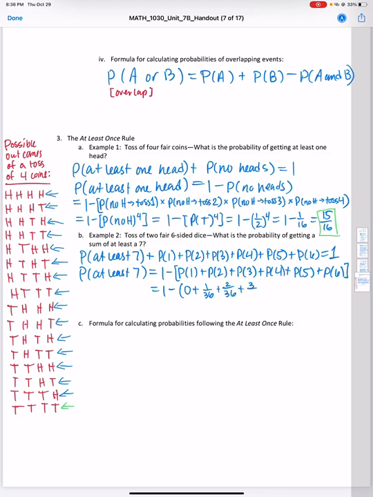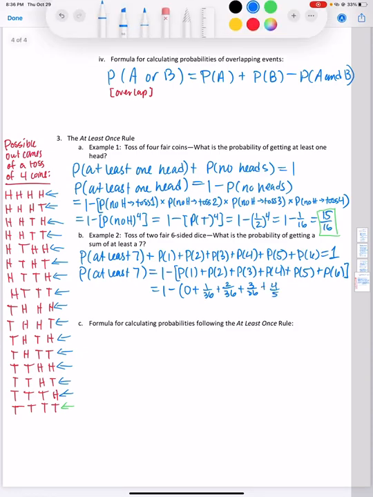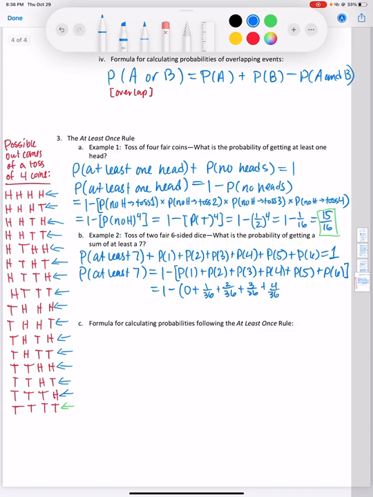And so on, 3 ways to get 4, 4 ways to get 5, and 5 ways to get 6. So that's equal to 1 minus 15 over 36, which is equal to 21 over 36. So there's 21 ways to get 7, 8, 9, 10, 11, or 12. And we simplify that to 7/12. We have our answer.